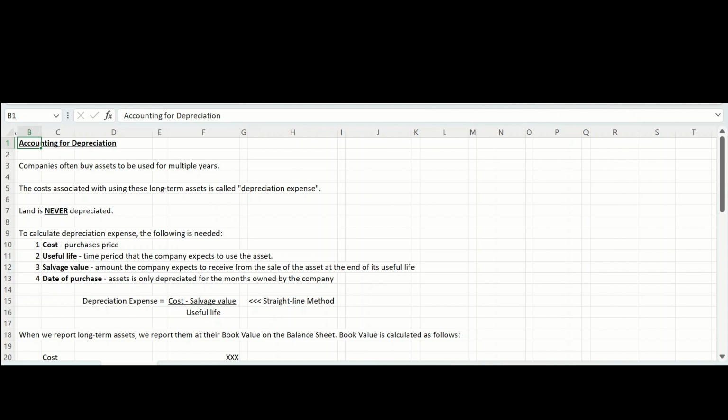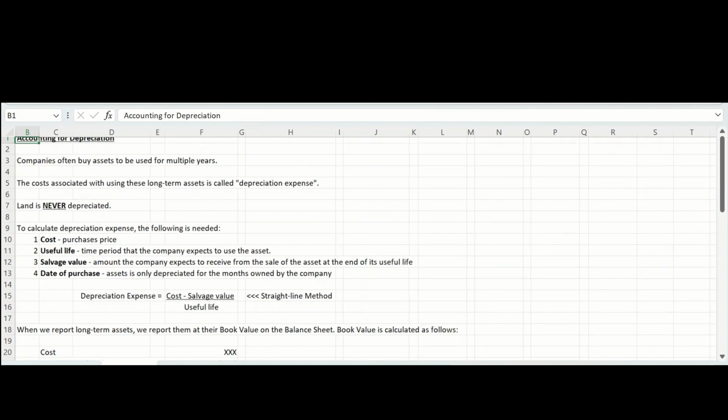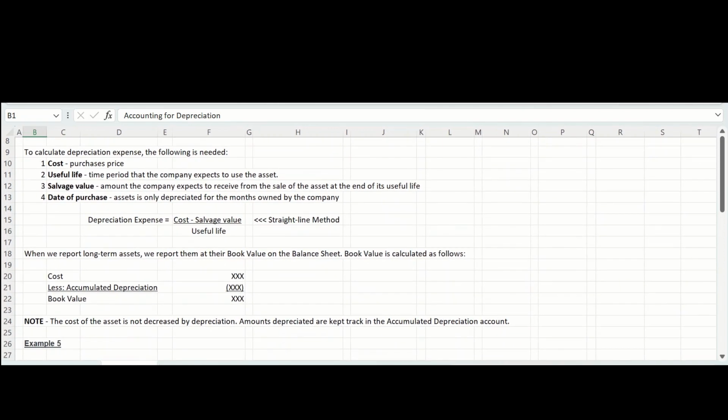And then lastly, you'll need the date of purchase, because these long-term assets are only depreciated for the months that the asset is owned by the company. So to calculate depreciation expense, we take cost, which is the amount paid for the asset, minus the salvage value. Again, that's the amount the company thinks that they can get at the end of its useful life if they sell the asset.